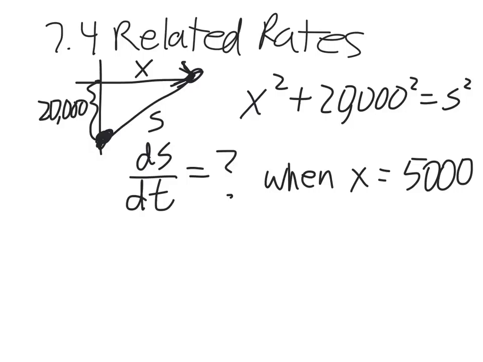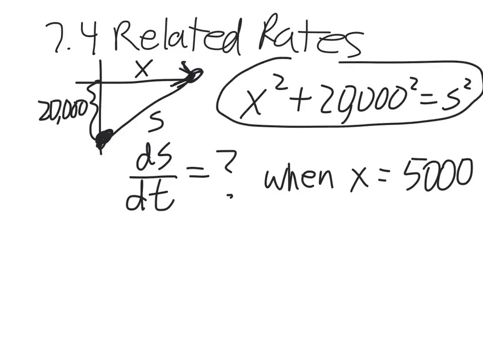Okay. And again, lots and lots of different possible questions from that. The main thing, get your relationship. Now, this is in general. Don't plug in the 5,000 for x when you're generalizing this. Okay, we do this first.